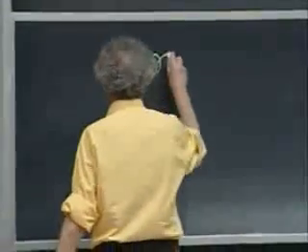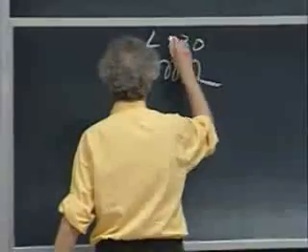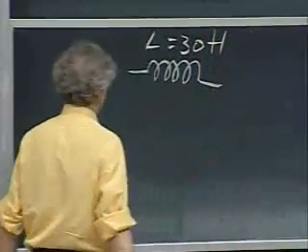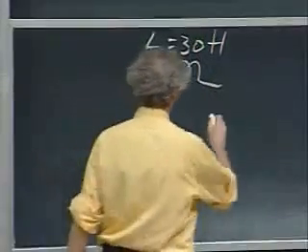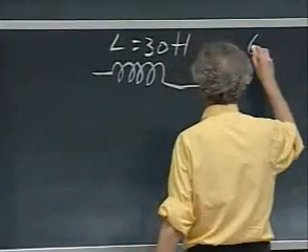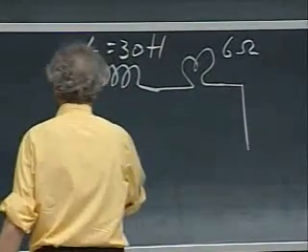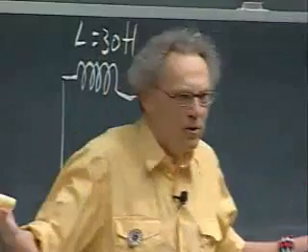I have here an enormous self-inductance, L, 30 Henry. We will learn later in the course how you make such a high self-inductance. And then here is a light bulb. The light bulb has a resistance of 6 ohm.